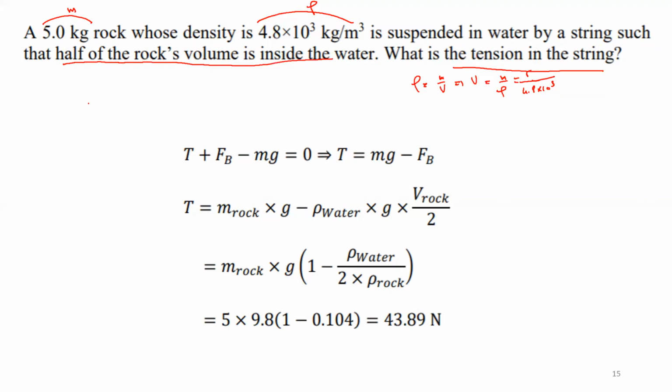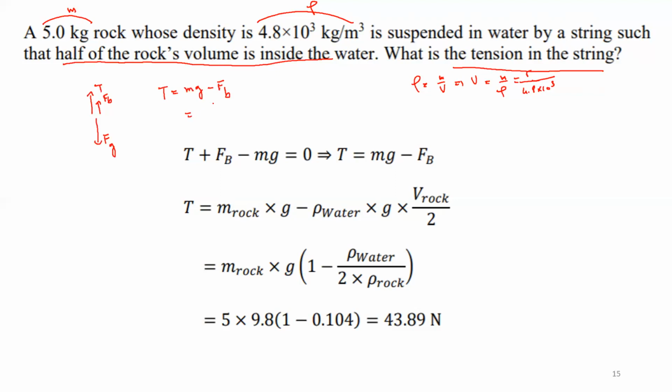So the tension in the string is going upward. And of course, buoyant force is going upward. And of course, gravitational force is going downward. So you know that the apparent weight, by balance of forces, apparent weight tension, is equal to gravitational force mg minus buoyant force Fb. Now, of course, what is a buoyant force?